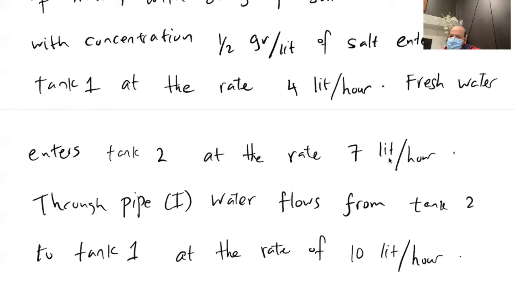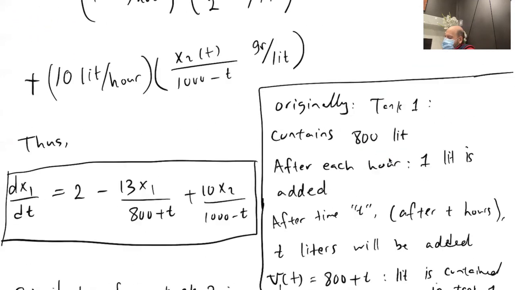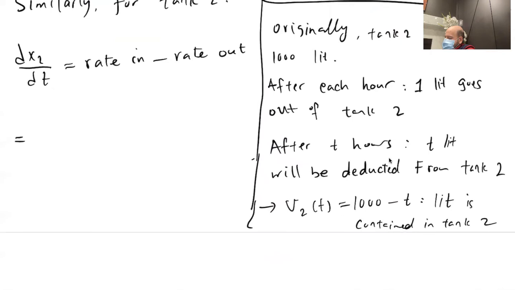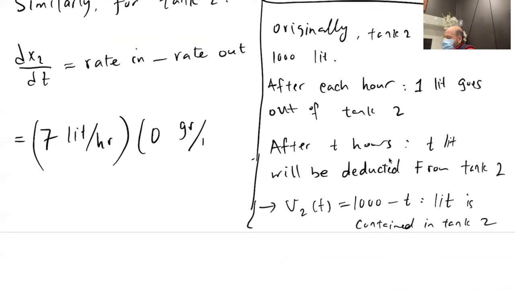So if it's fresh water, that means there's no salt and the concentration is 0 gram per liter. So I can say 7 liters per hour times the concentration, which is 0 gram per liter.